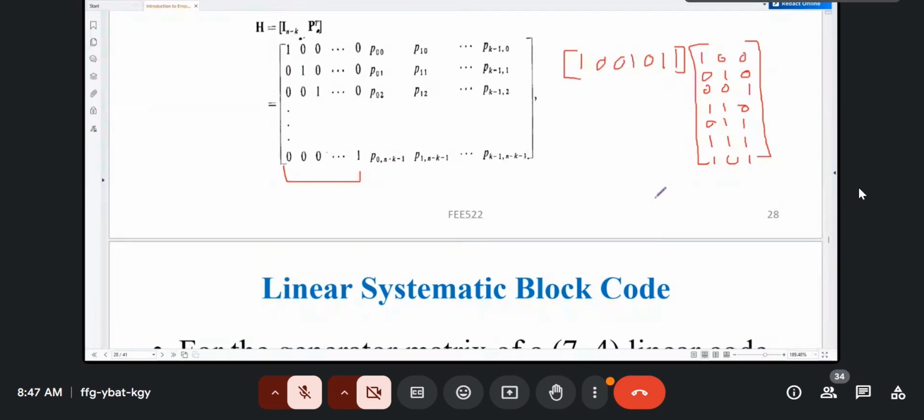Let's see what that becomes. You know how we multiply matrices.